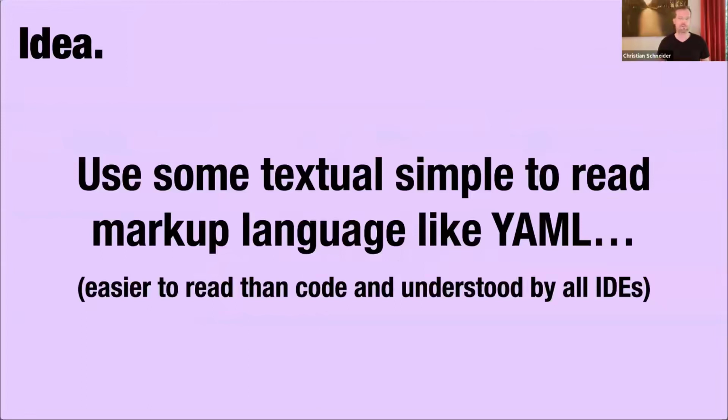That means, better don't let it be code in terms of real source code, but something that's processable like code and easier for a human to read and write. The easiest markup language that a human hopefully can easily write and read would be YAML. Many times we're using that in DevOps environments, workflows and stuff like that. It's already understood by all IDEs and it's pretty simple and easy to read and write and easy to consume from a program's point of view.